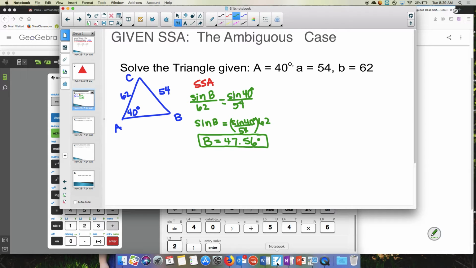Okay. Now, since we have the side-side angle case, we do need to think about if there is a second triangle. The calculator gave us an acute angle that has this ratio. There also is an obtuse angle with that same ratio. How do we find it?